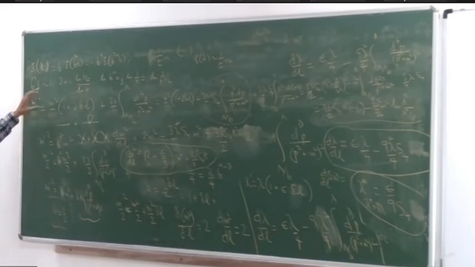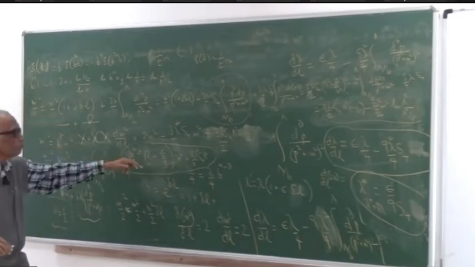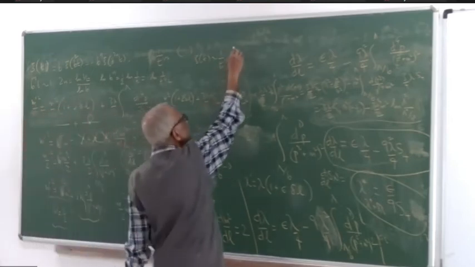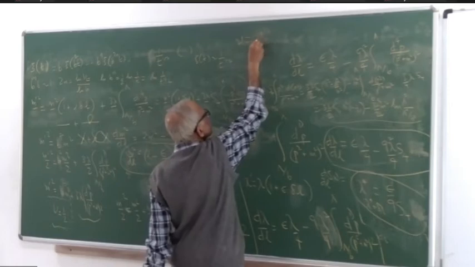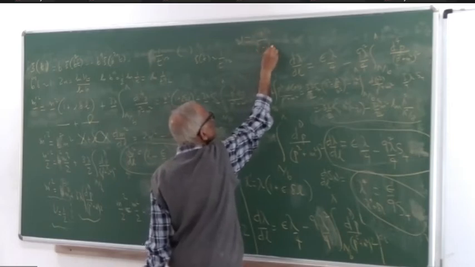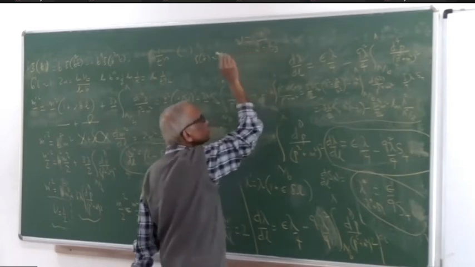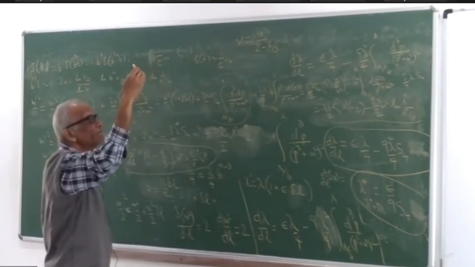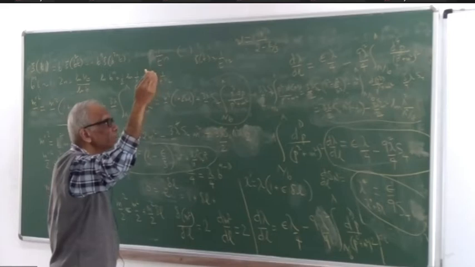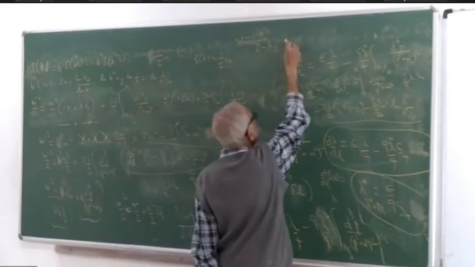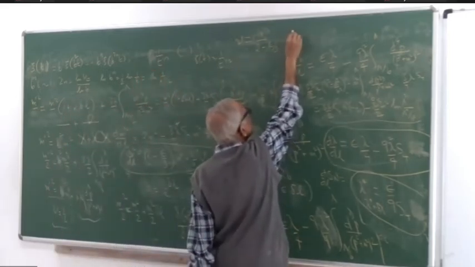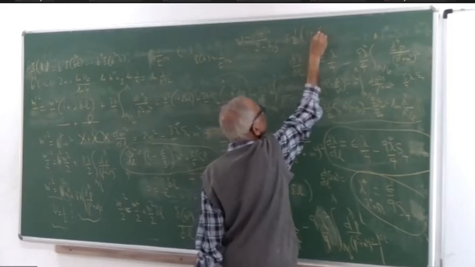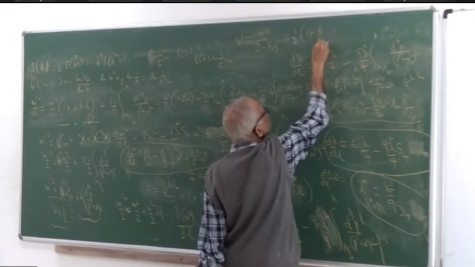So the nu, which was 1 over 2 at this point, after this calculation is 1 over 2 minus epsilon over 3. But that cannot be, I'm correct only up to the first order in epsilon, and therefore this nu has to be written as half into 1 plus epsilon by 6.